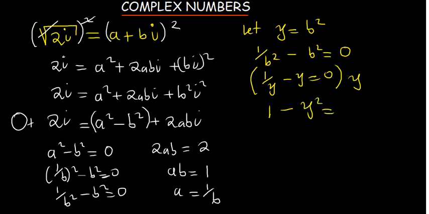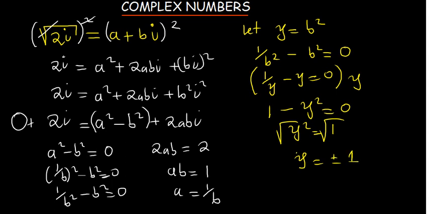That will be equal to 0 times y, which is still 0. I'll take the y squared this side, so we're going to have 1 is equal to y squared, which is the same as y squared is equal to 1. Meaning that, let's find the value for y, square root both sides. So y is going to give us positive or negative 1.